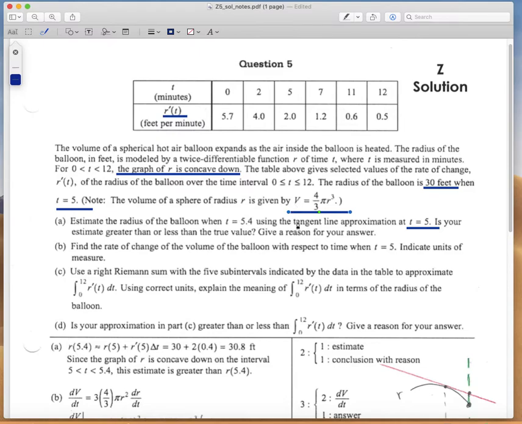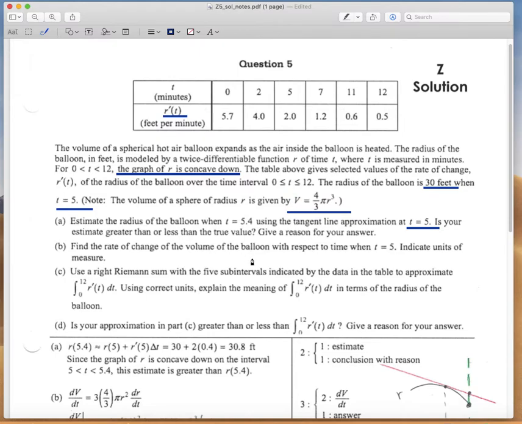How do I find the rate of change of volume with respect to time? Well, if I can manage to find the derivative of that with respect to time, that would be dV/dt, that would be the rate of change of volume with respect to time. How in the world am I going to be able to find dV/dt?